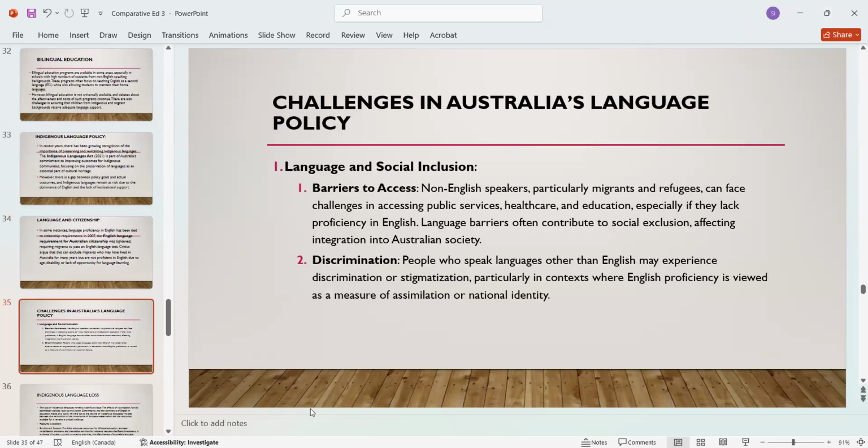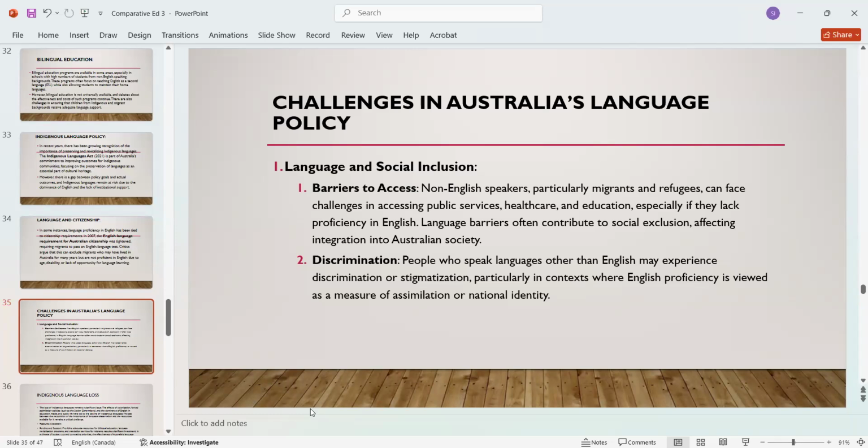And challenges in Australia's language policy, barriers to access. Non-English speakers, particularly migrants and refugees, can face challenges in accessing public service, healthcare, and education, especially if they lack proficiency in English.